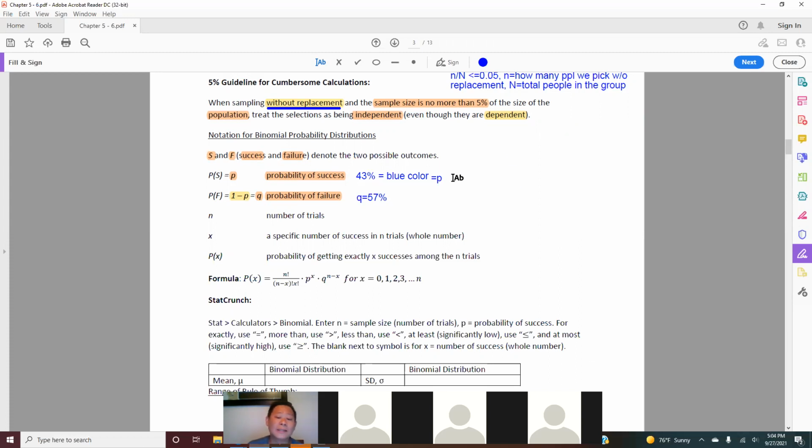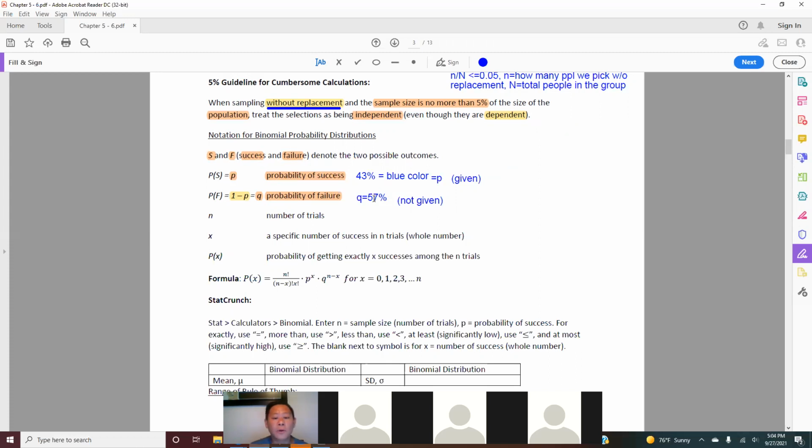Usually this is given in the question, but sometimes it is not. They will give you one, but not the other, so you have to find the other one, and it's very easy: you just subtract from 100. Usually one is called success, one is called failure.